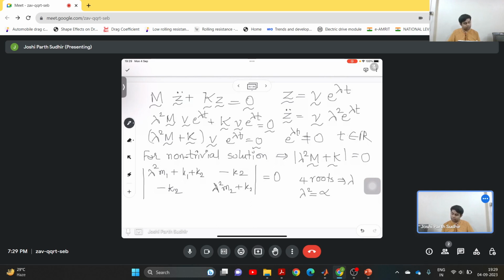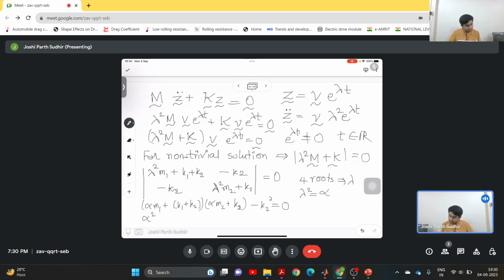So we will get alpha m1 plus k1 plus k2, into alpha m2 plus k2, minus k2 square is equal to 0.